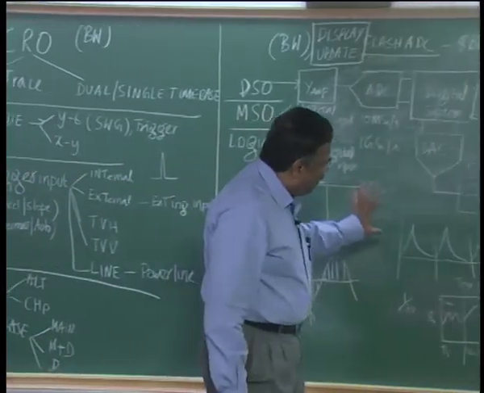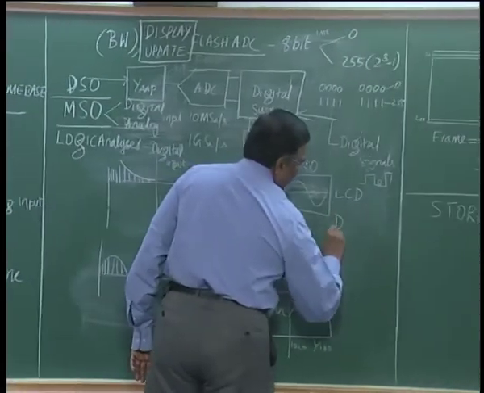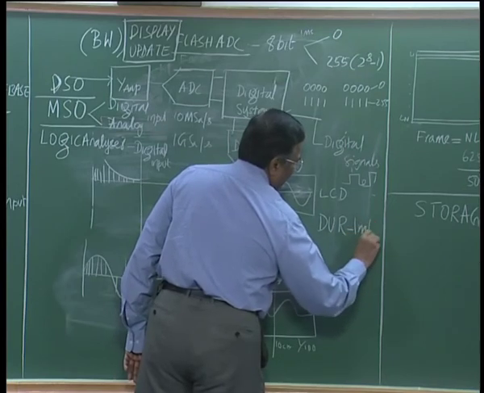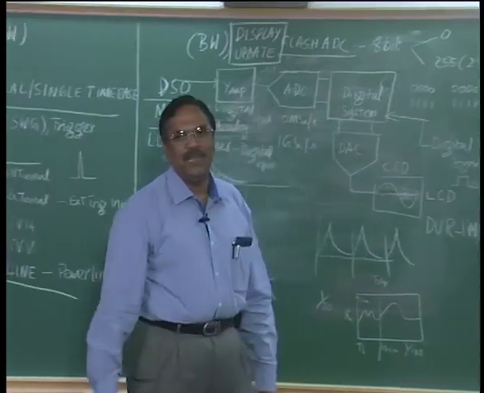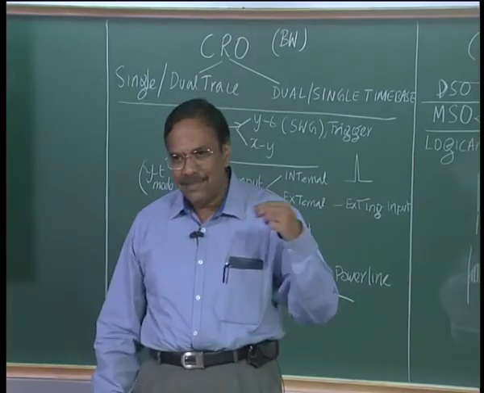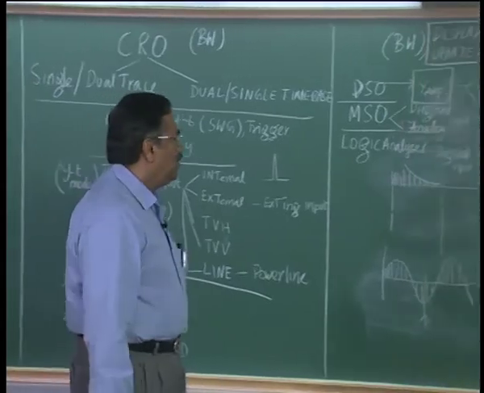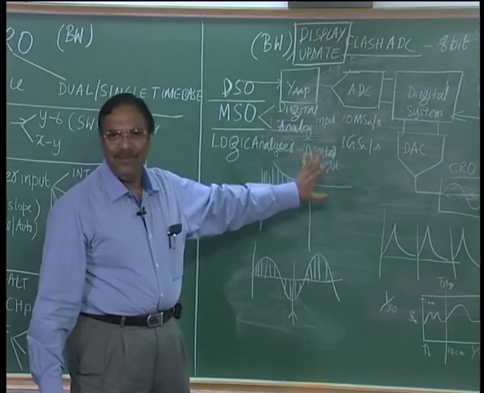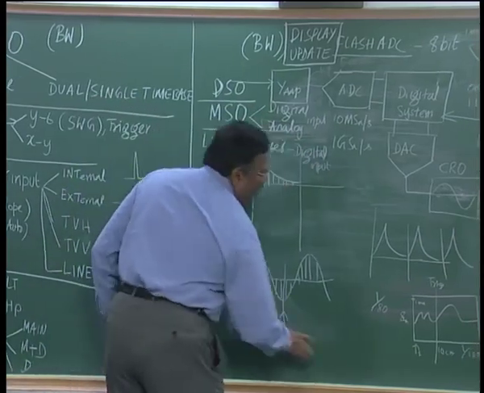But there are special digital storage oscilloscopes where the display update rate, called DUR, is 1 million per second, right, 1 mega displays per second, which means every microsecond the display is being updated. So, whenever we use a digital storage oscilloscope, we will have to be very careful about this display update rate. We stop here, we will continue in the next class.